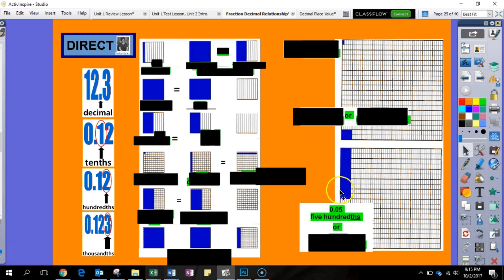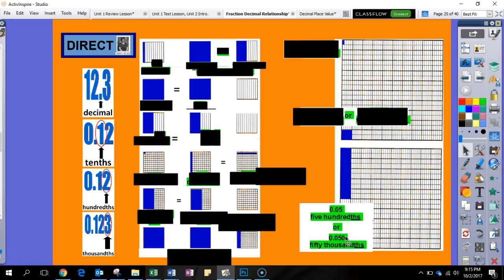Or we can think about how many tiny rectangles are shaded in this same piece. And if we were to count them, we would know that there's 50 little rectangles in that same amount of shading. So besides having 5 hundredths, we're also showing that this would be 50 thousandths, or 0.050, 50 thousandths. So 50 thousandths is the same as 5 hundredths, and again, it's just as simple as one extra 0 added to the end, changes the name, but doesn't change the amount of shading.